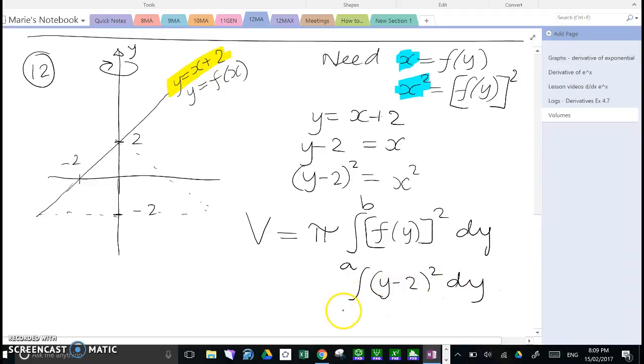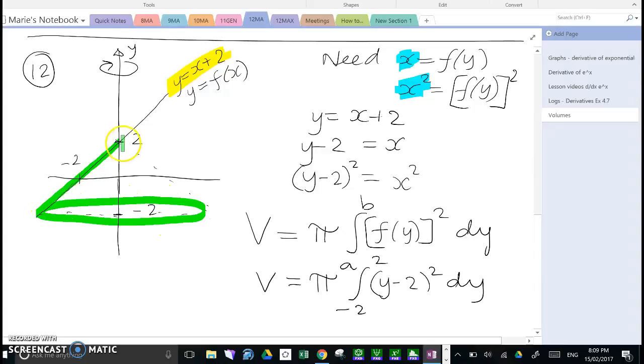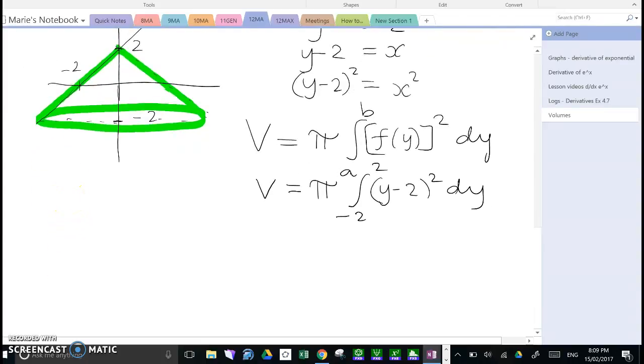And that integral is going from minus 2 to 2. We still have our constant of pi out the front, and that's what our volume is going to be. Notice that when you do this particular equation from 2 down to minus 2, we're picking up that bit of it that's going to be rotated around, and it's forming a cone. So then it's just a matter now of doing that volume. So away we go.